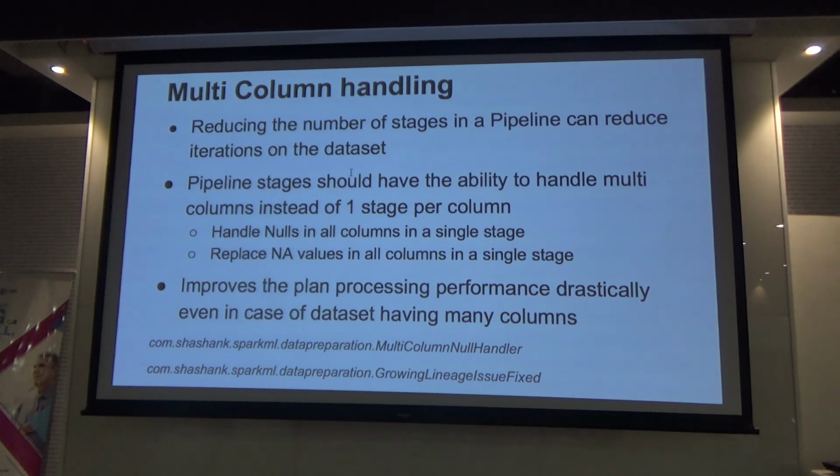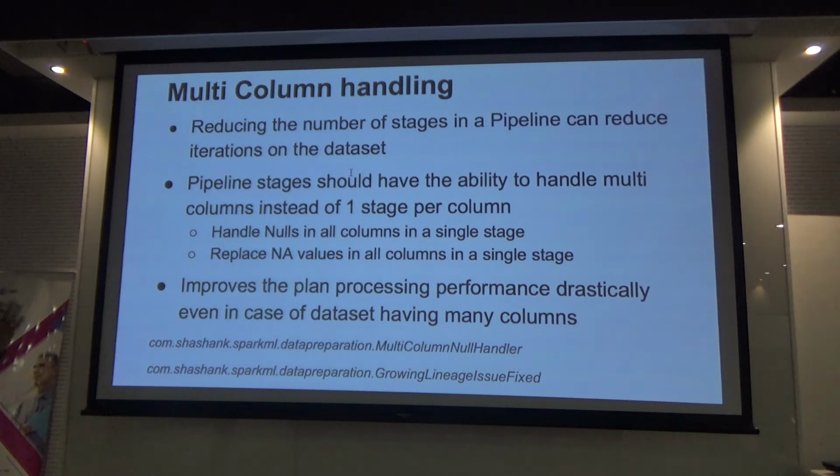There we can build pipeline stages which have the ability to do the processing on multiple columns at once. We had 30 null handlers for 30 columns. Instead, why can't we do that in a single null handler, which is able to accommodate all of those columns and handle nulls in a single step?